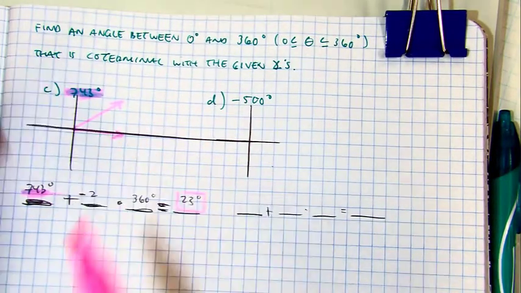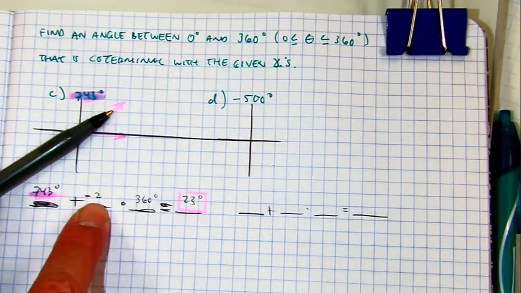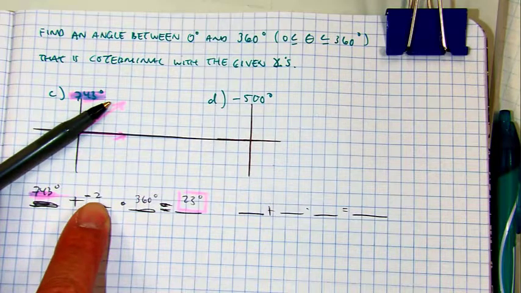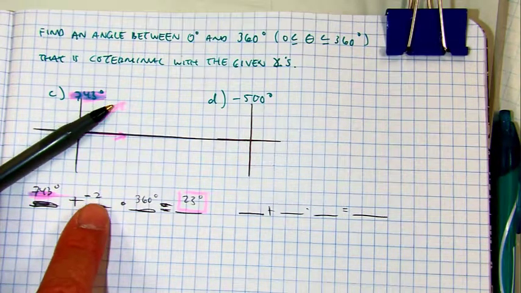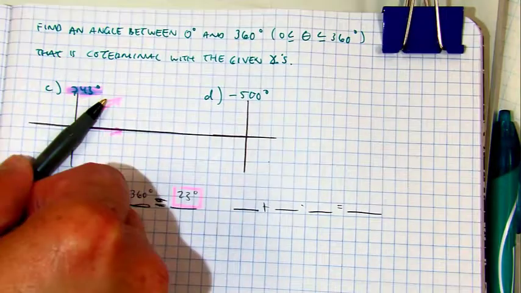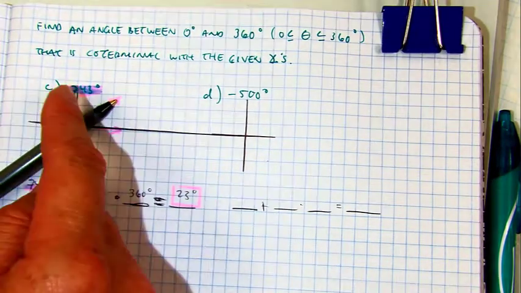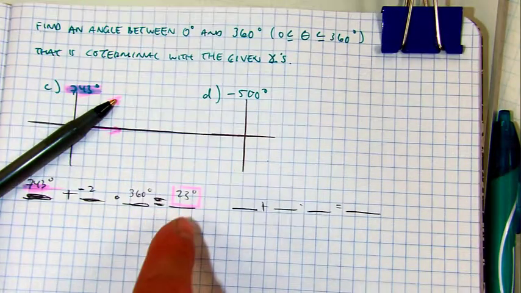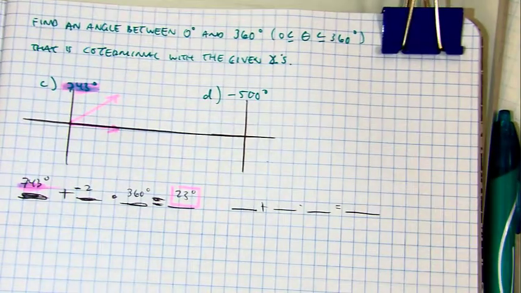That's a 23-degree angle. If you spun it around 2 full rotations, negative, which would go which way? Counterclockwise. Which way? Clockwise. Count with me, rotations. Ready, set, go. 1, 2. That would give you 743 degrees because you're starting with 23 and you're adding 360 and you're adding 360. Okay? Let's try another one.